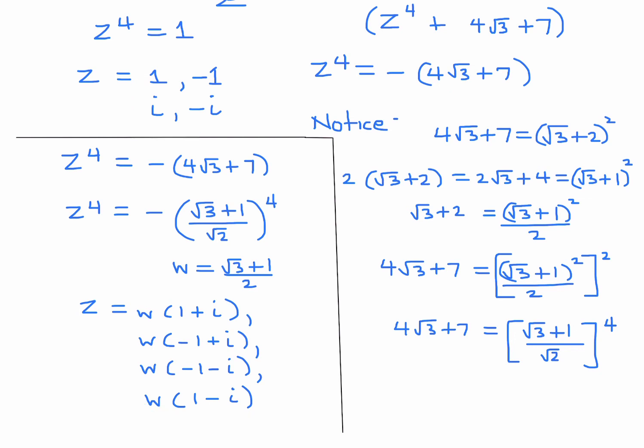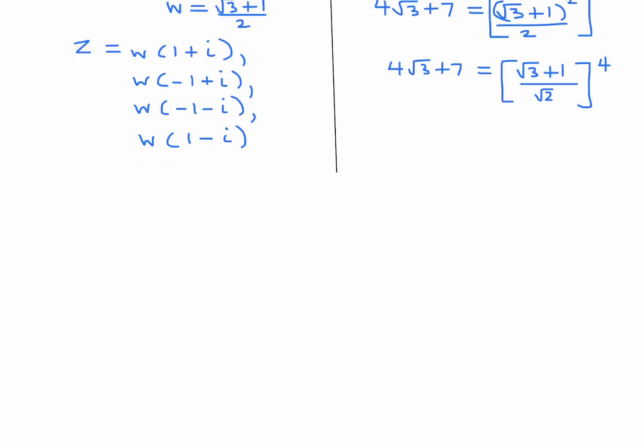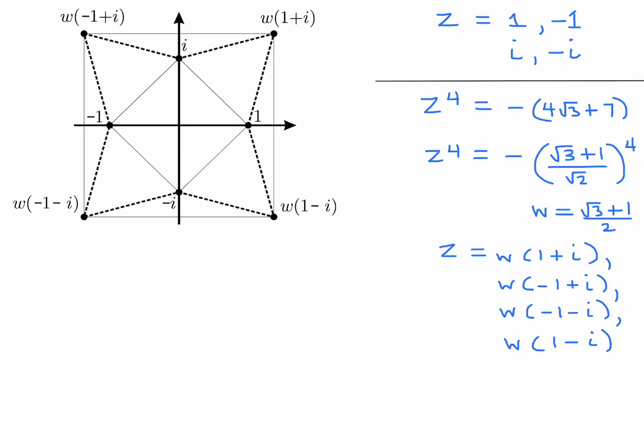And now I want to put it on a graph to illustrate what this looks like. And here we are. The roots 1, negative 1, i, and negative i, those are here. And then the other ones, which are these ones down here, are plotted as well.